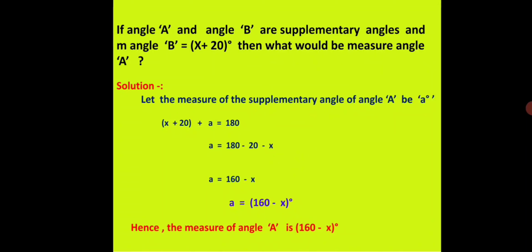See here, if angle A and angle B are supplementary angles and the measure of angle B is x plus 20 degrees, then what would be the measure of angle A? It means in this question two angles are given, angle A and angle B. Out of these two angles, angle B's measurement is given, that is x plus 20 degrees, and we have to find the measure of angle A. So let us start.